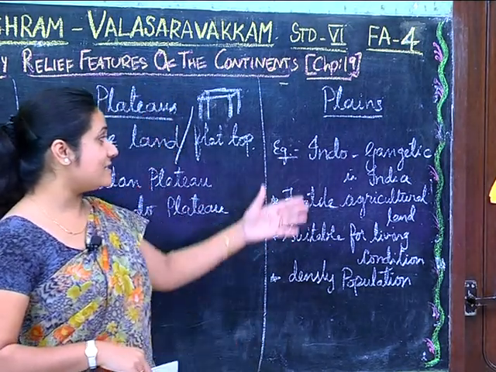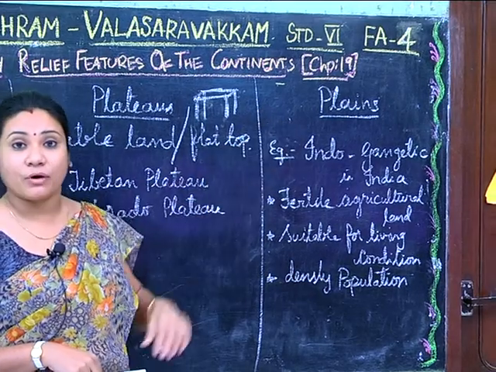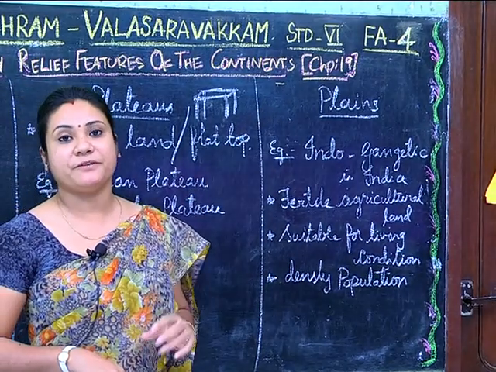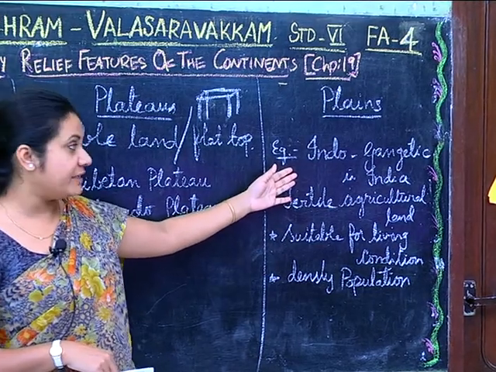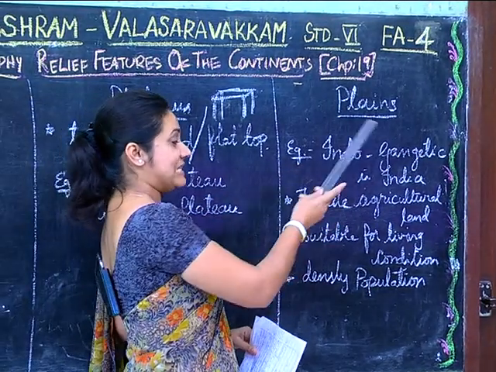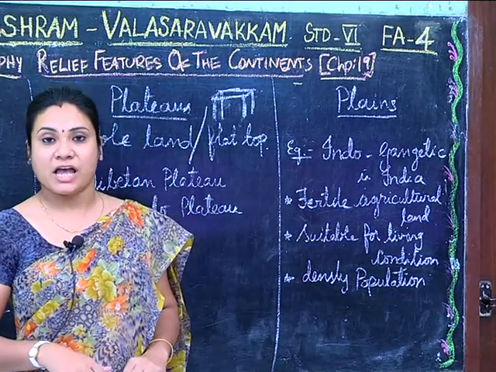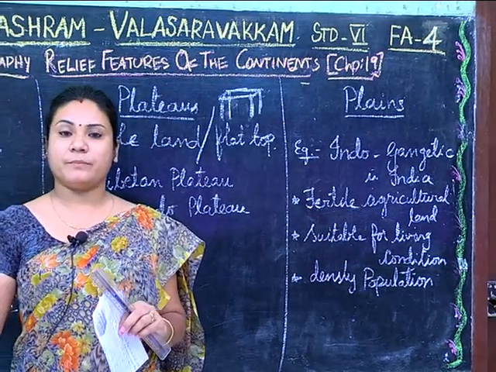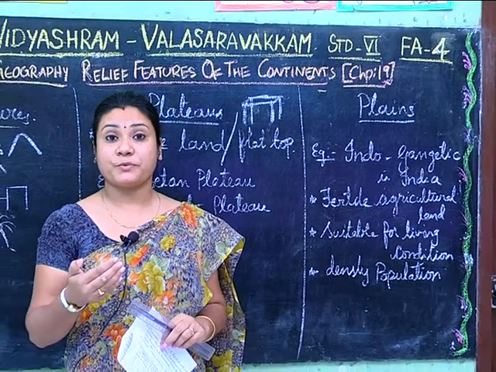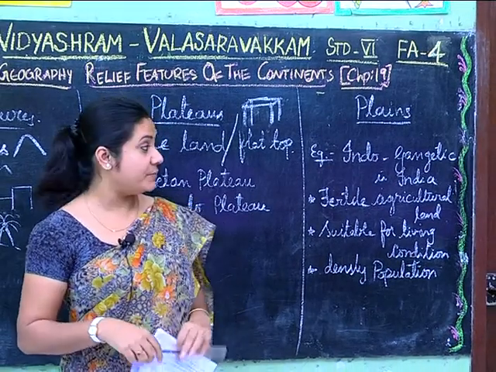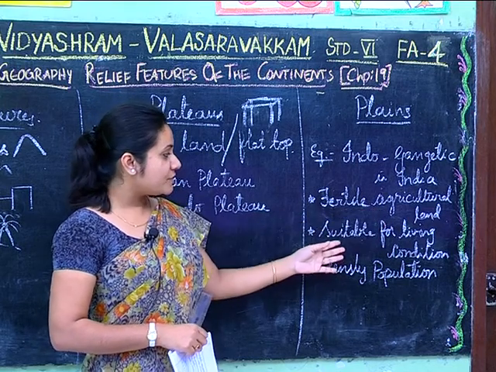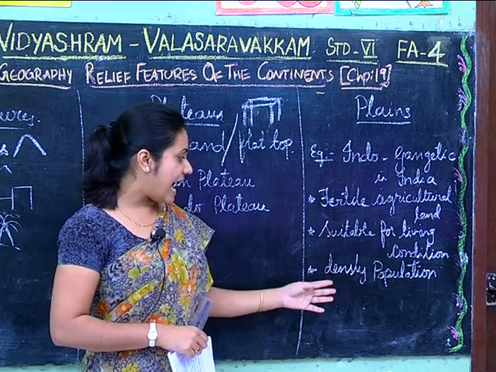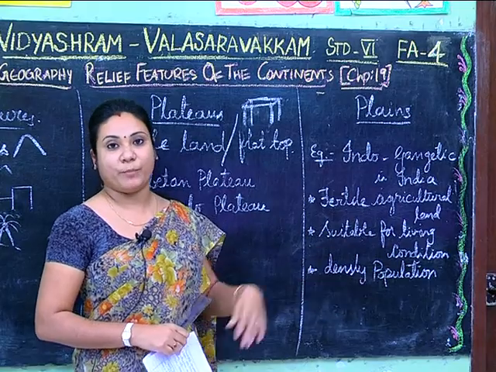So plain areas mainly have this alluvial soil, which makes the soil extremely fertile for human habitation. Examples in the northern part of India are the Indo-Gangetic plains and the Brahmaputra plains. These are extremely fertile lands which provide many amenities to the people, for example fertile agricultural land and suitable living conditions, and they are densely populated.